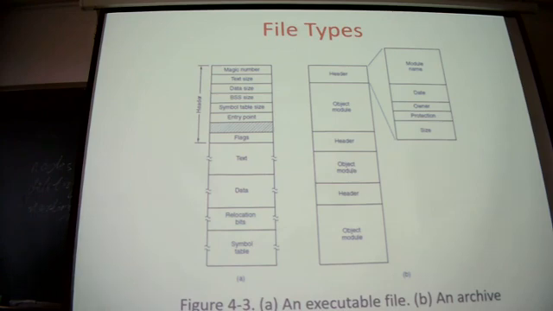The basic structures are different. In an archive file, the header records some information, for example, owner, size, and module name.